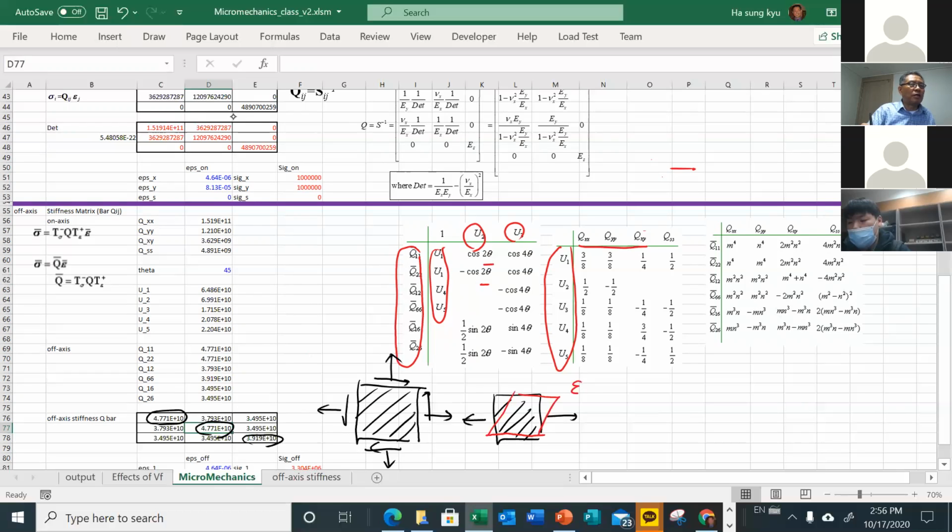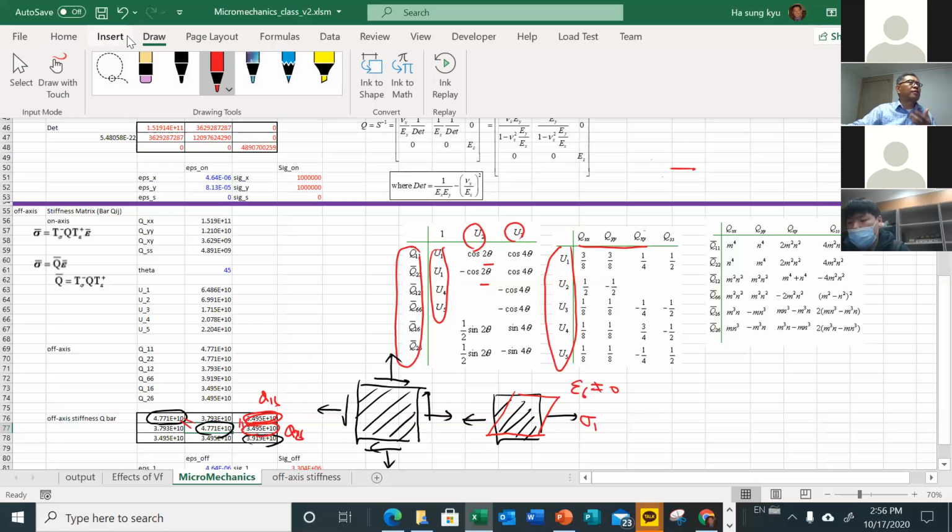So epsilon 6 is not 0. This is sigma 1. That's why Q16 is non-zero. And that is the same as Q26. Again, they are symmetric, and it needs to be the same. This is one thing we can check.